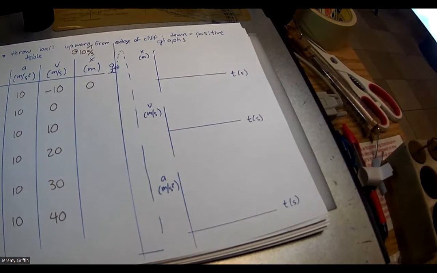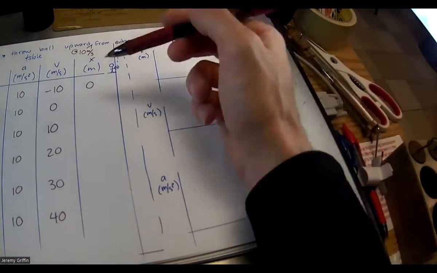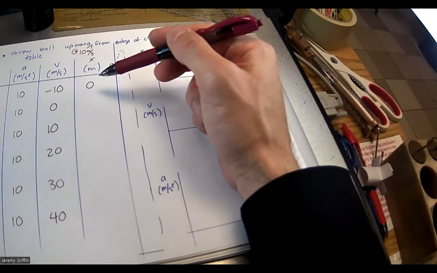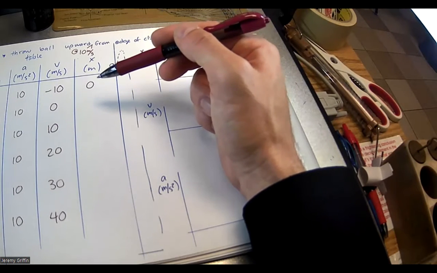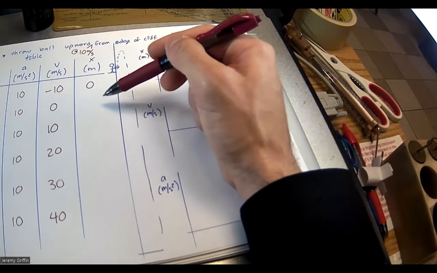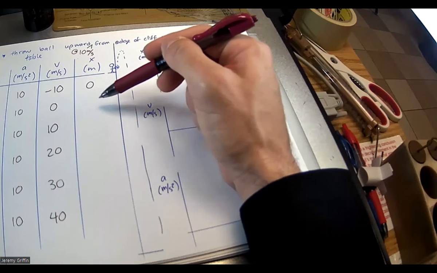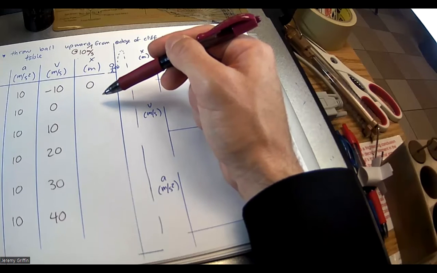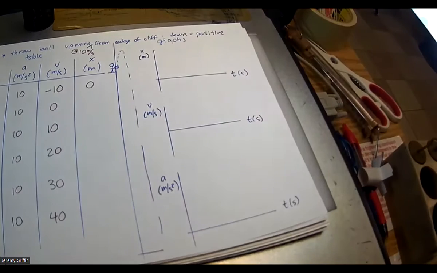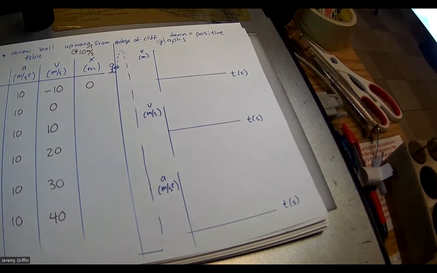Okay. Now, if you define 0.0 as the valley floor, you might put the height of the cliff here, but I'm doing it from the cliff edge, right? So it starts off at 0.0. Okay. Ooh, what number do you think goes right here? -5?